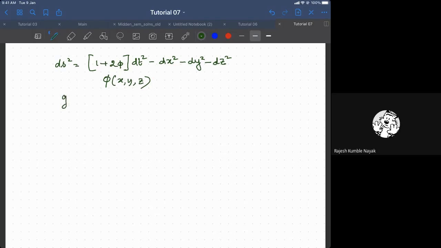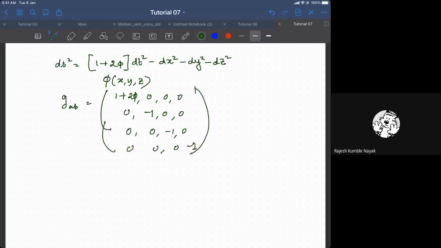Now you see that this metric is given by 1 plus 2 phi and 0, 0, 0, and 0, minus 1, 0, 0, and so on, minus 1, 0, 0, 0, 0, minus 1. Okay. Now my question is, what would be the upper index? Can somebody tell what this would be?